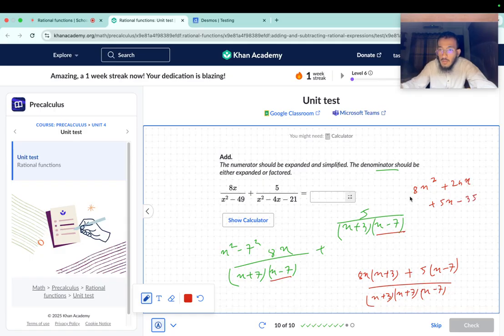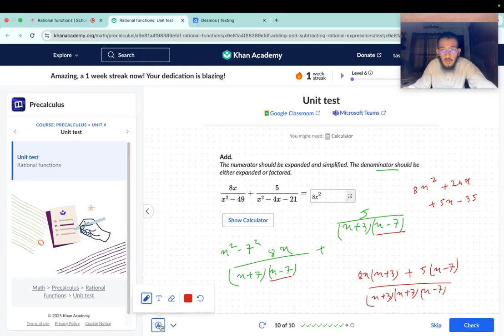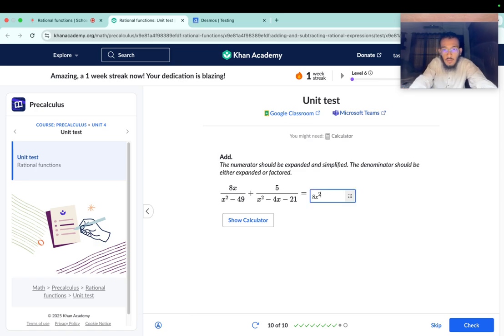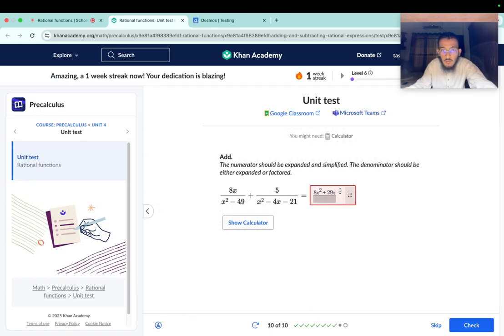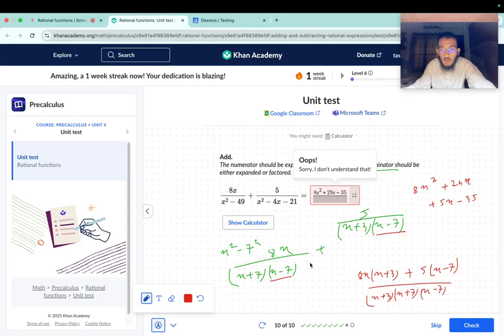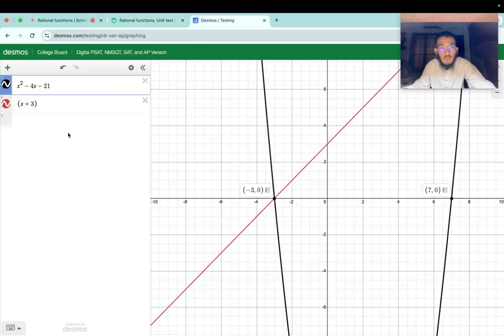So we have 8x squared plus 29x minus 35 upon (x plus 3)(x plus 7)(x minus 7). Okay, so this is what we should have.